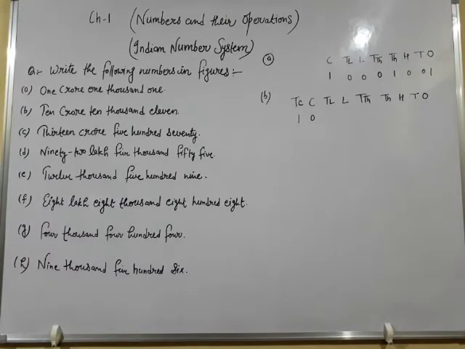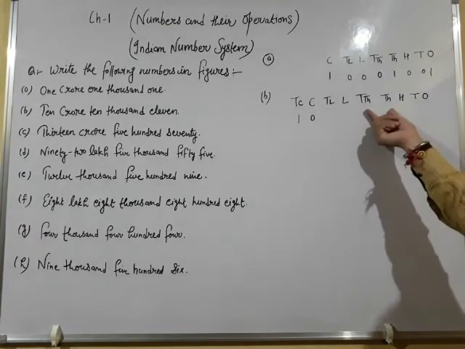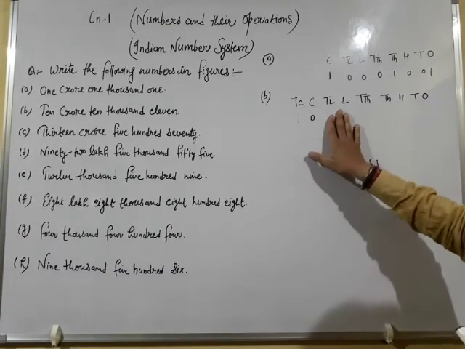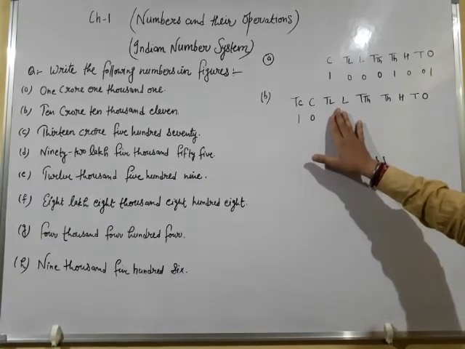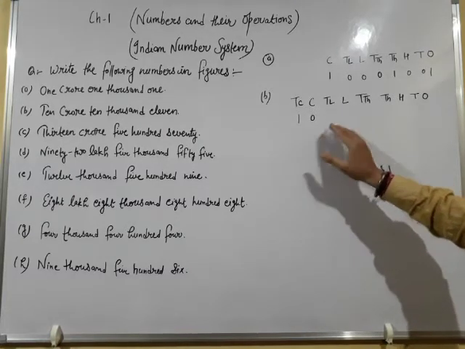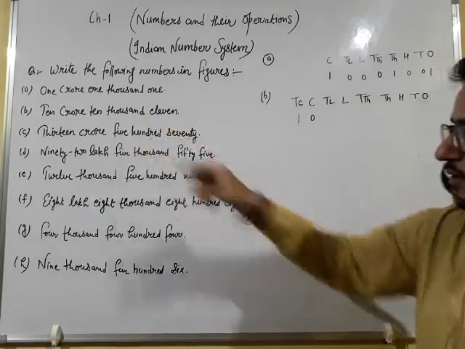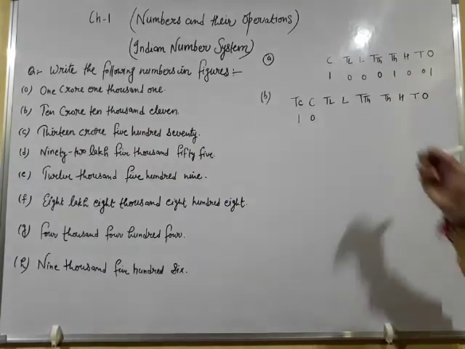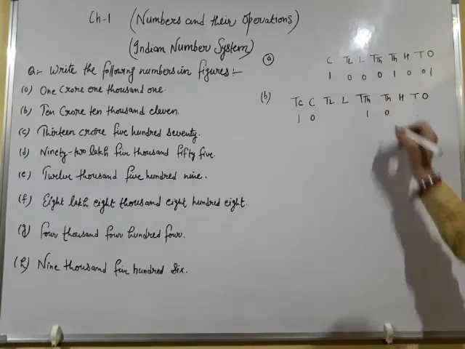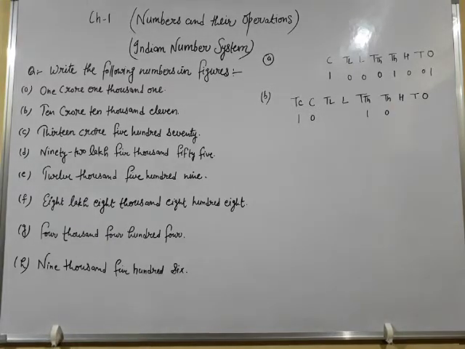Now we have to write 10,000. This is your thousands place. We don't have any digit to put here in the lakhs period. So what will we do here? We will put 0, but later on. First of all, we will write 10,000. So 10,000 will be written under the thousands place. So we will write 10 like this. This is your 10,000.